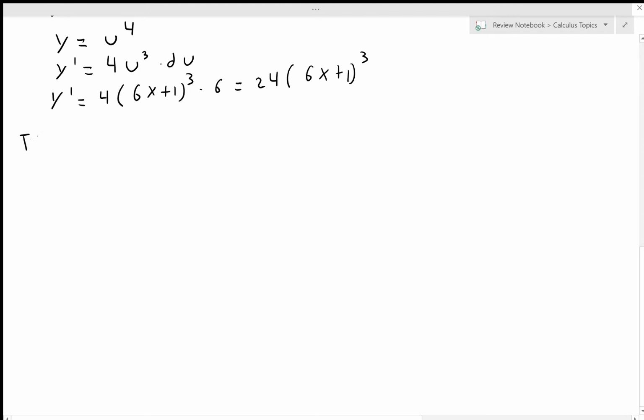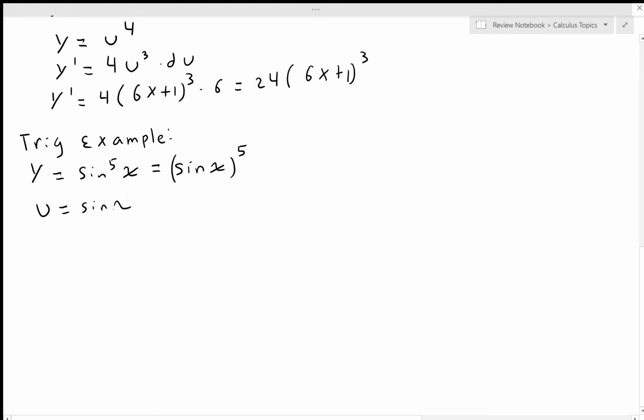We're going to go to a trig example. So we'll start off with y equals sine to the 5th x. That, just for reference, is the same as the quantity of sine x to the power of 5. So using the u sub method, we'd say u equals sine of x.